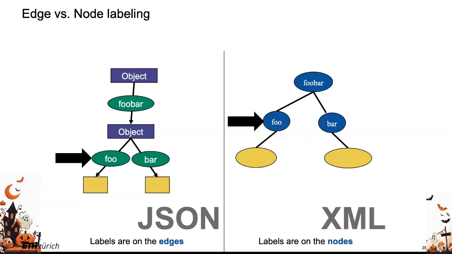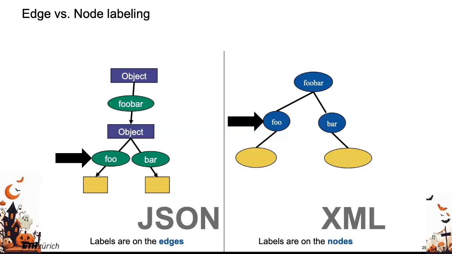You could, of course, imagine a model in JSON that puts the labels on the nodes. It's just that you wouldn't be in a majority. Basically, most of the people would put them on the edges. Likewise, in XML, you could come up with a model that also puts the labels on the edges, but again, you wouldn't be in a majority.